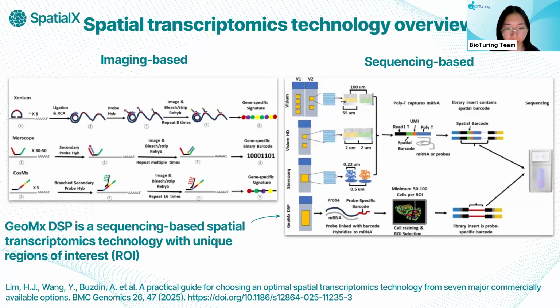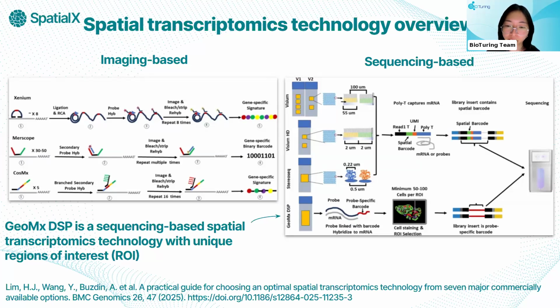In particular, GeoMx DSP is kind of unique among sequencing-based technologies because instead of examining individual spots, as you would see with Visium, for example, it examines ROIs, or regions of interest. This is where you pre-select certain regions on the tissue that you're interested in analyzing further. Then, based on the fluorescence of those regions, you can see what cell types are present within the tissue.